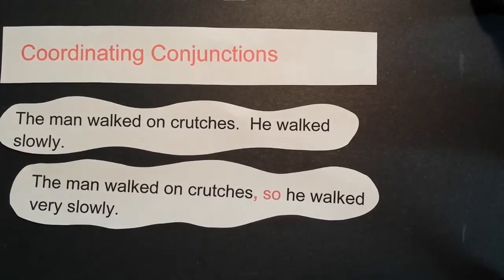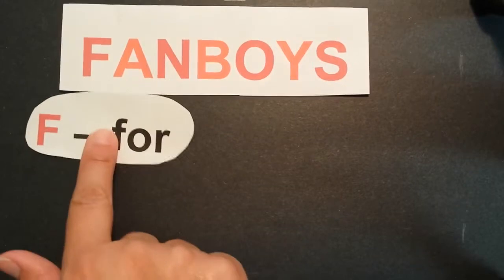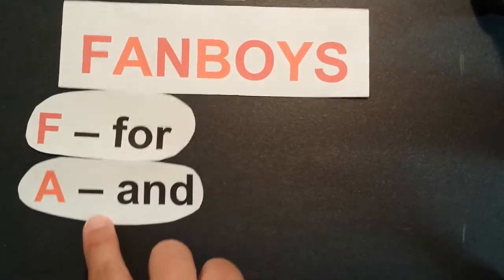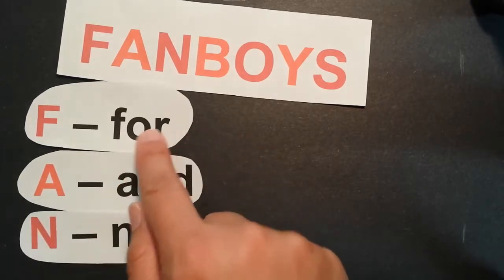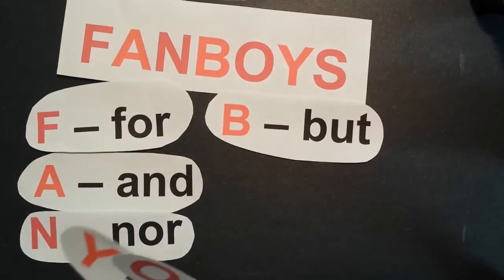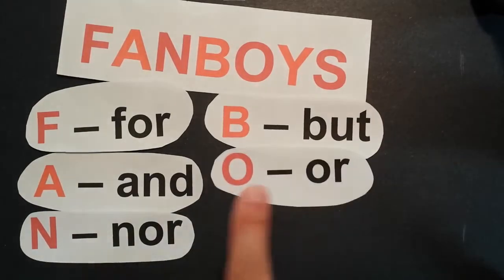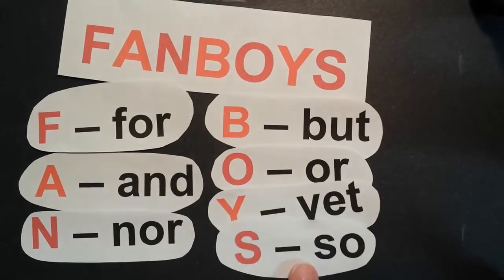Now, how do you know what your coordinating conjunctions are? We have a little acronym. You may have seen this before. This is the easiest way to remember all of your coordinating conjunctions. FANBOYS: F for, A for and, N for nor, B for but, O for or, Y for yet, and S for so.